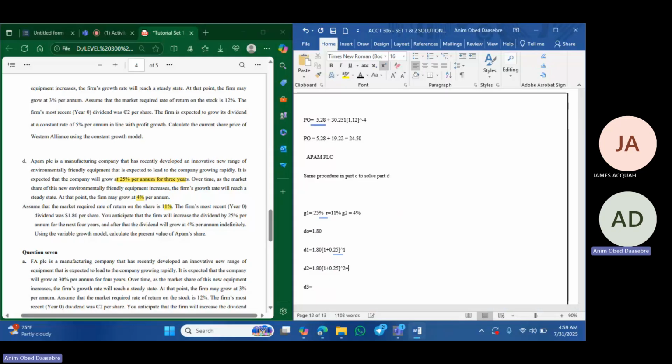Year 2. Year 3 is also 1.80, 1 plus 0.25. Year 3.